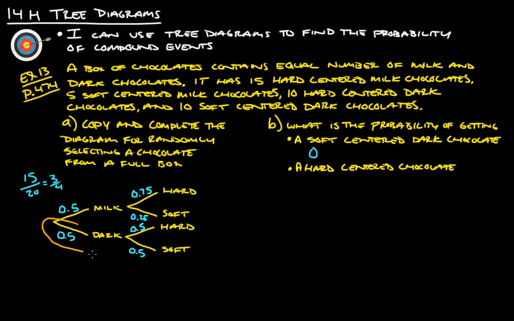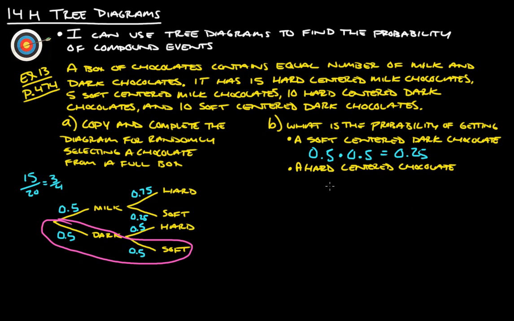That's a bad color, let's try something you can see a little bit better. This is the path we want to take. So really it's 0.5 times 0.5, which gives us 0.25. So a 1 in 4 chance of randomly selecting a soft-centered dark chocolate.